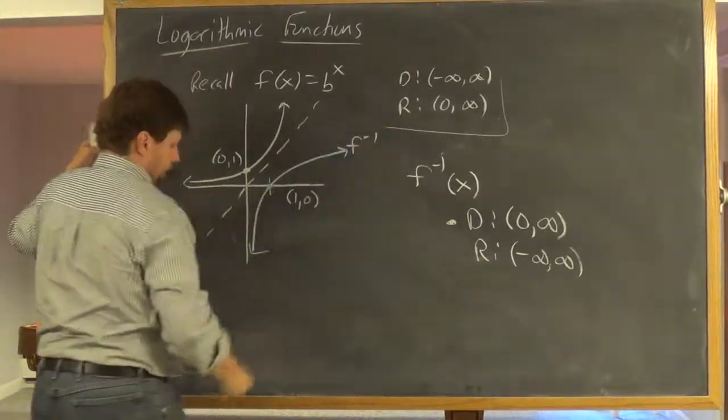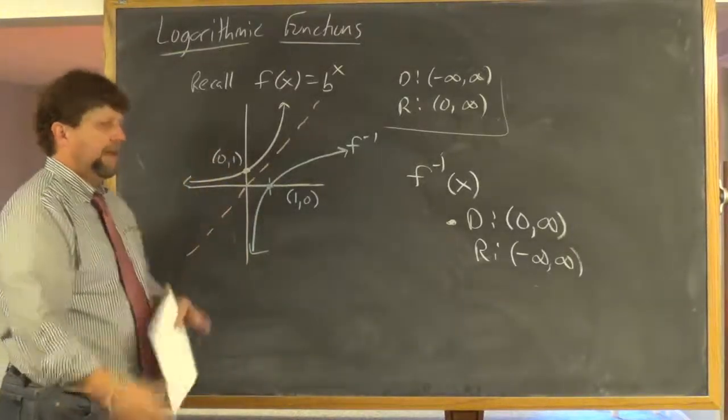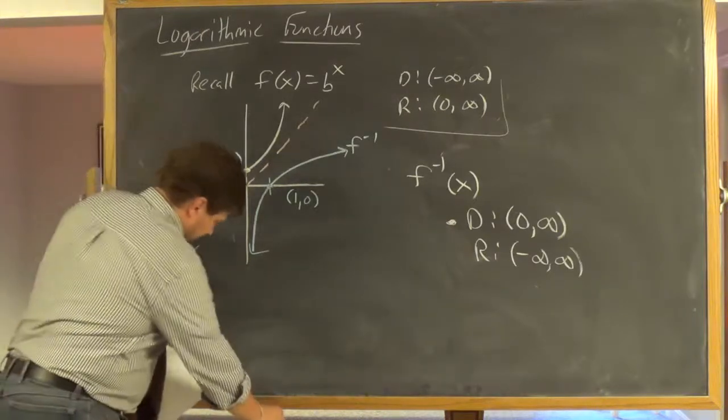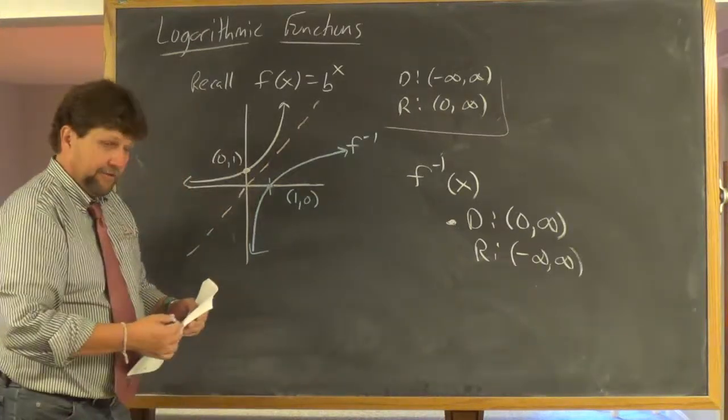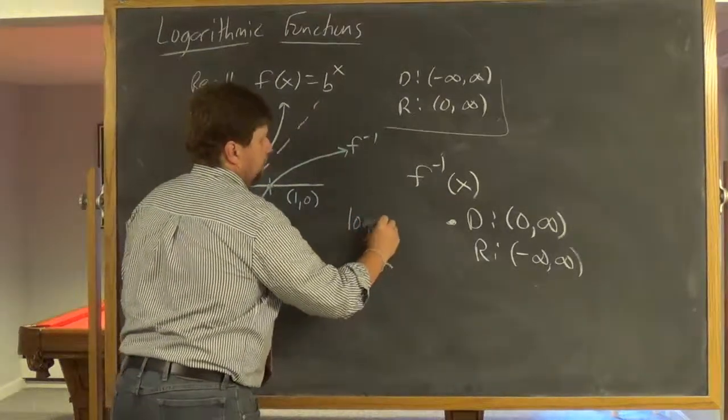That is the graph of the inverse function. The only thing that's missing is to give the inverse function a name. And the name of the inverse function is the logarithmic function.